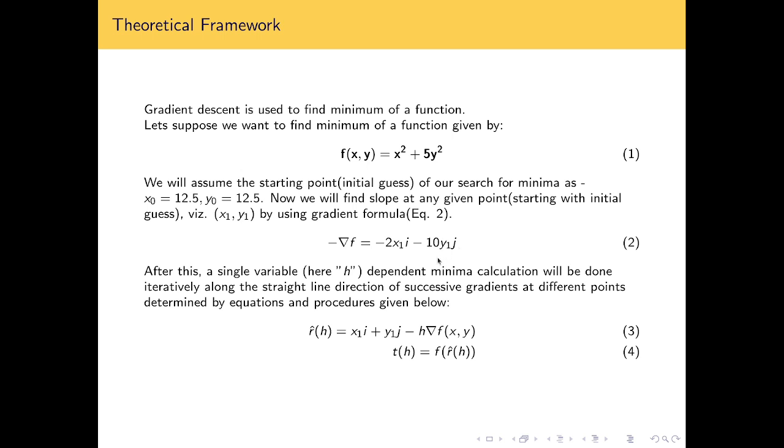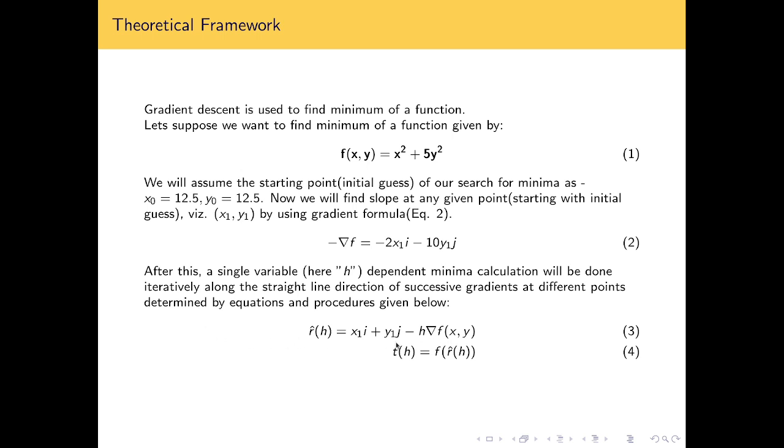And after this we'll go along the direction of this gradient in a line, and for that single line the variable will be h, and then we'll keep on iteratively calculating slopes along the points as we go on, and then we'll march along these slopes one after the other and reach the minima, which is what we desire.